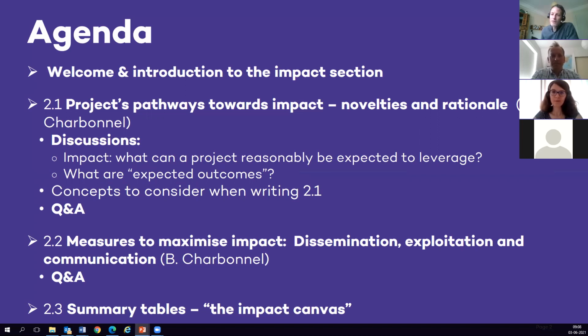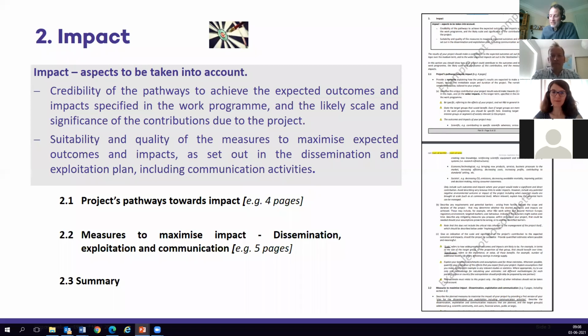So before I give the floor to Bénédicte, let's just make sure that we're all on the same page. When you're writing a proposal for Horizon Europe, a template is made available to you. It contains three parts, which correspond to the three evaluation criteria in a Horizon Europe proposal. That's excellence, then impact, and then the implementation of the actual project.